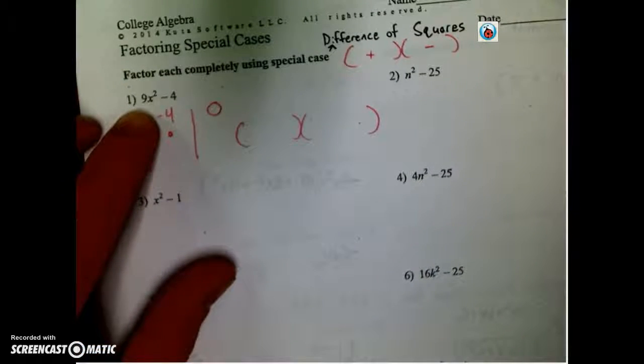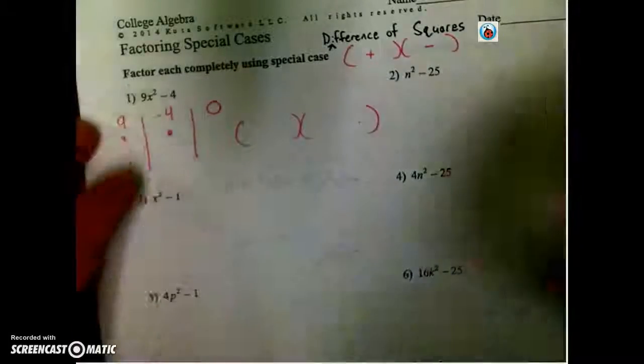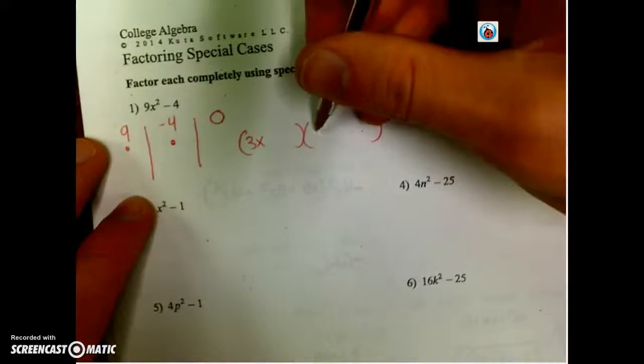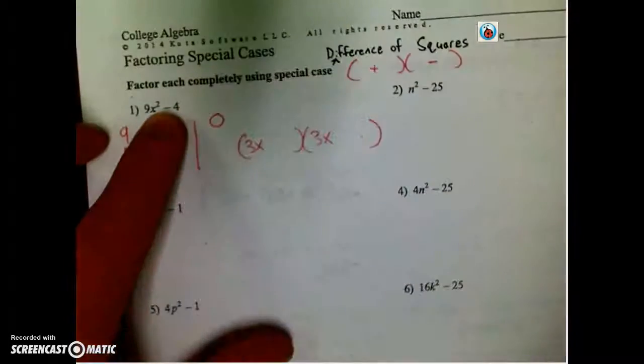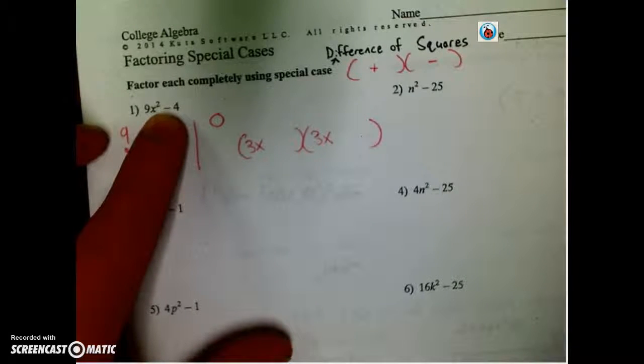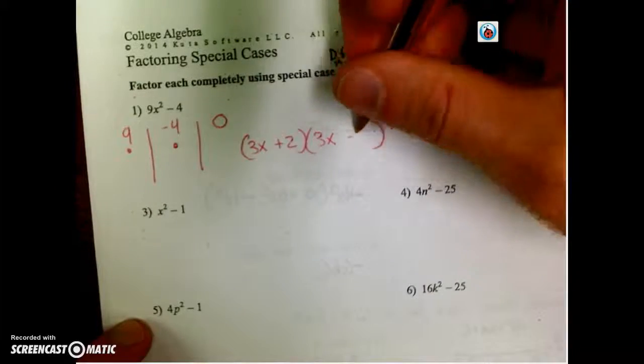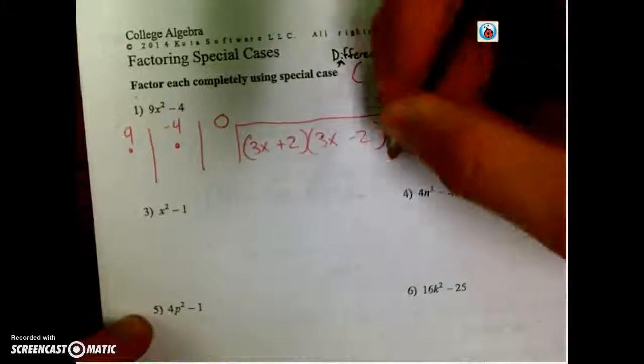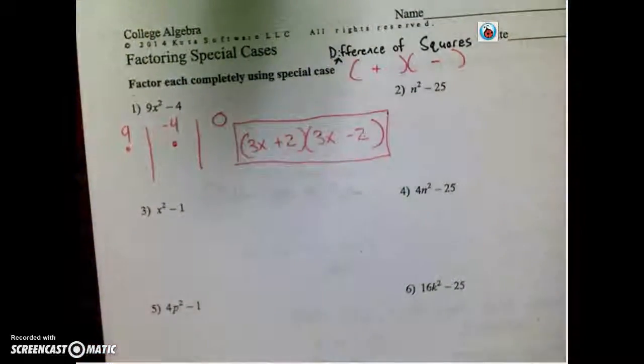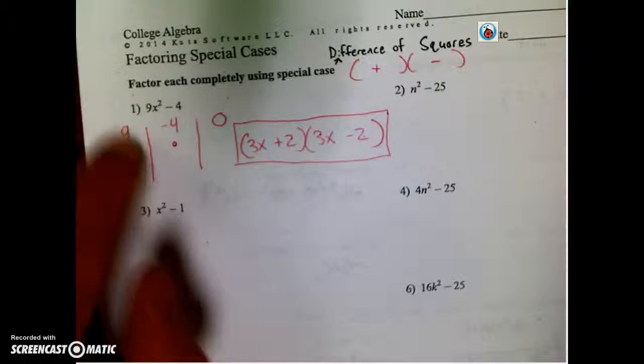Where I know to get a 9x squared, and to get a negative 4, it's a perfect square, doing a negative 2. Right, and that's what it would look like. So you could use this if you wanted to.